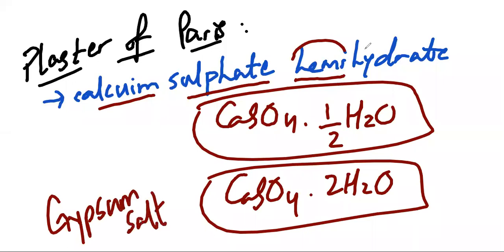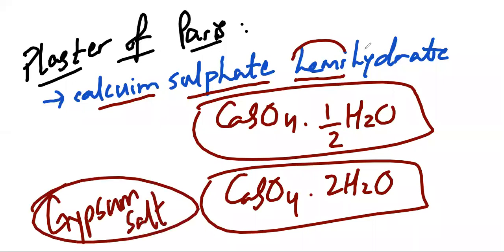Okay, so please don't merge both the formulas. From gypsum salt, we can make plaster of Paris. How? By heating it to 100 degrees centigrade. So the water of crystallization is partly removed and it transforms into plaster of Paris. Okay. Its chemical name is calcium sulfate hemihydrate. Its formula is CaSO4.1/2 H2O.